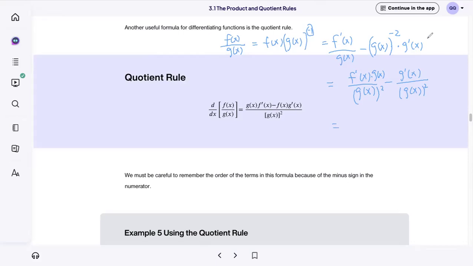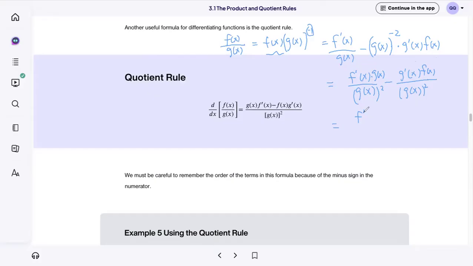Now, oh, I forgot something. I have to multiply by the first function, because I take the derivative of g raised by -1, but then I have to multiply by the first function.